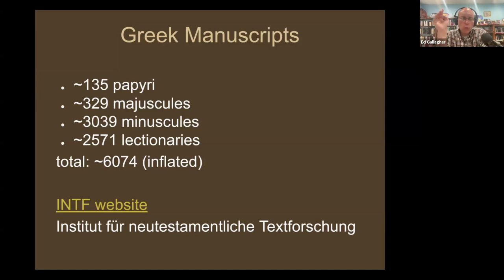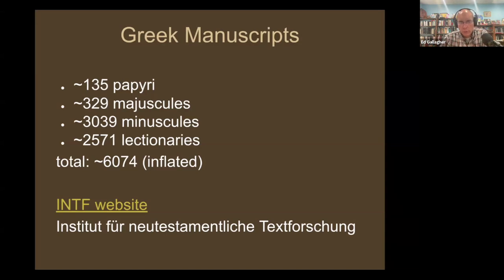So we've got 4 categories that scholars use: papyri, majuscules, minuscules, and lectionaries. And these are cited in this way in the critical apparatus to the Greek New Testament, whichever Greek New Testament you're using. So let's talk about the categories.